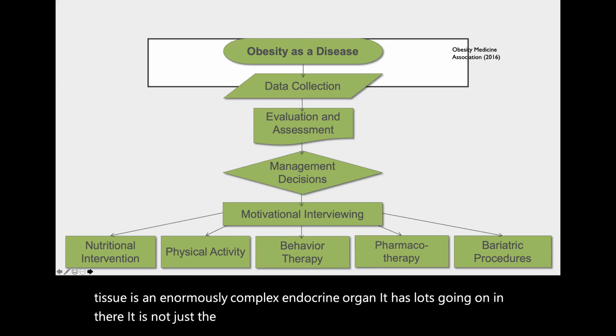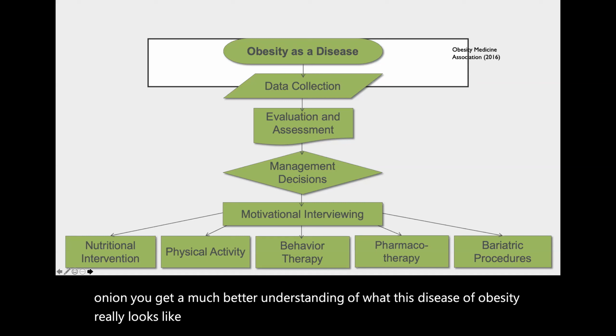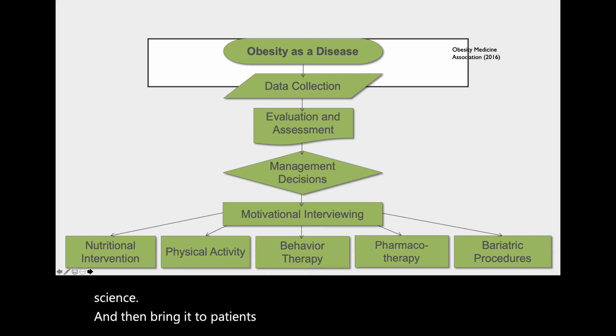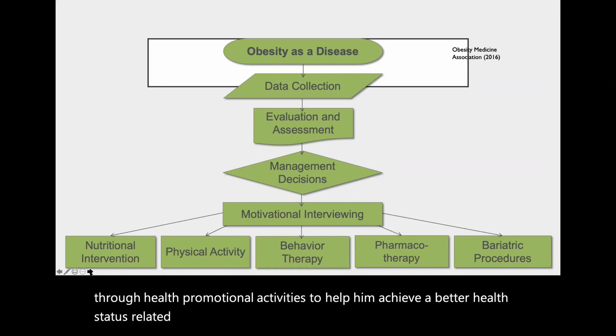So when you begin to peel back that onion, you get a much better understanding of what this disease of obesity really looks like. So through data collection, evaluation, assessment, management decisions, we as clinicians need to take that science and then bring it to patients either in populations or on an individual basis through health promotional activities to help them achieve a better health status related to their body weight.